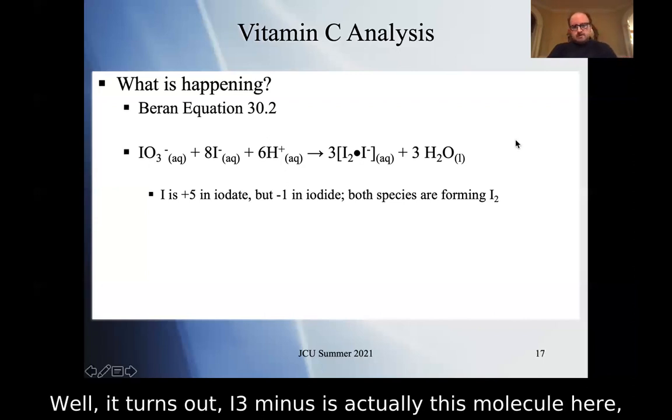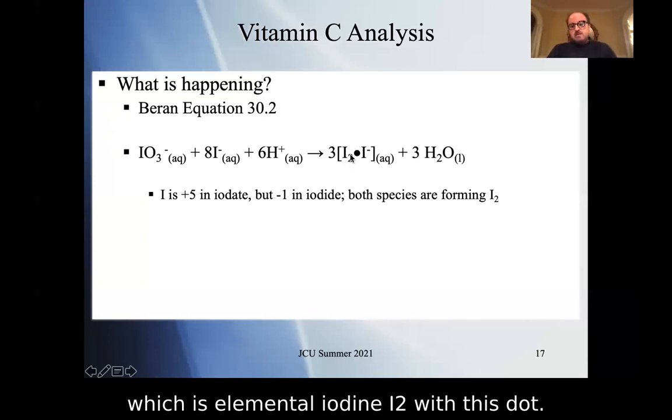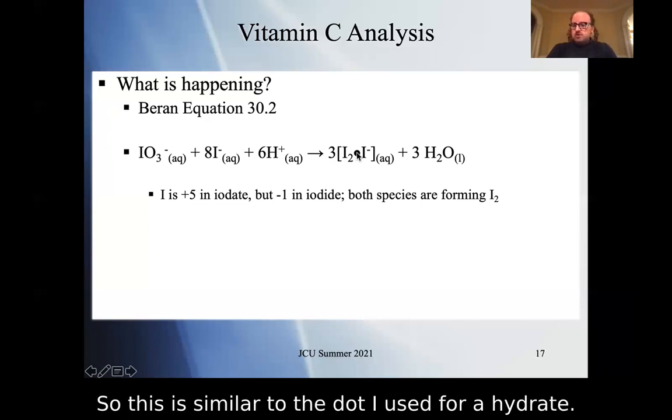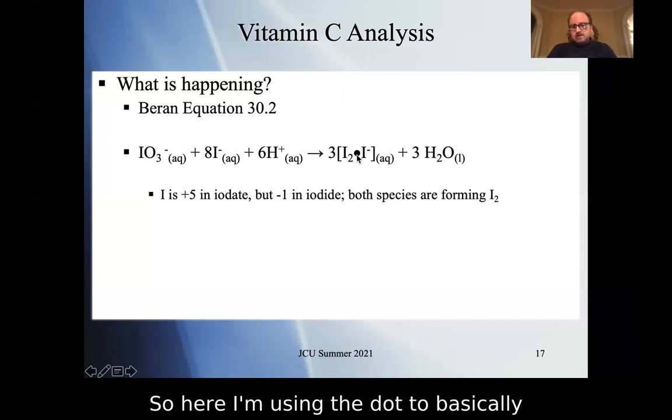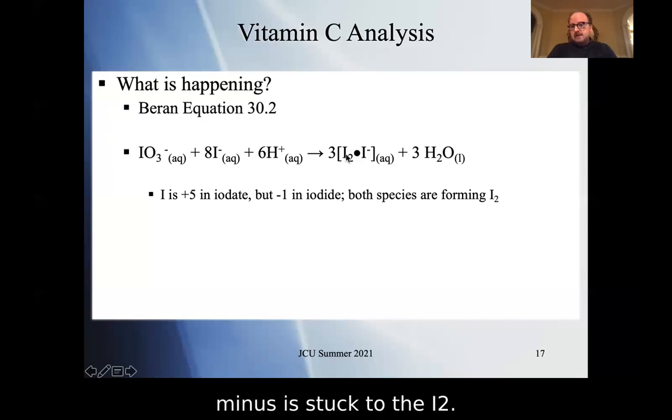Well, it turns out I3 minus is actually this molecule here, which is elemental iodine, I2, with this dot, right? So this is similar to the dot I used for a hydrate, but in this case, this is not a solid, this is an aqueous. So here I'm using the dot to basically be a representation to show that this I minus is stuck to the I2.